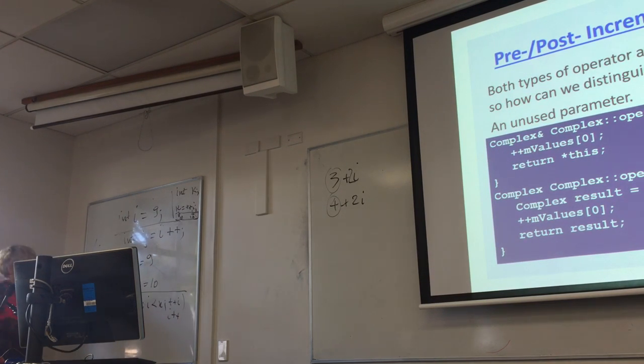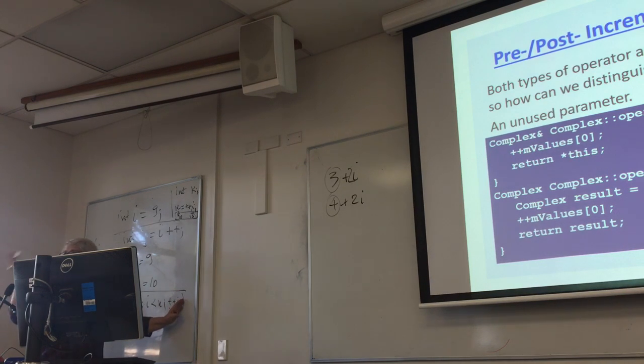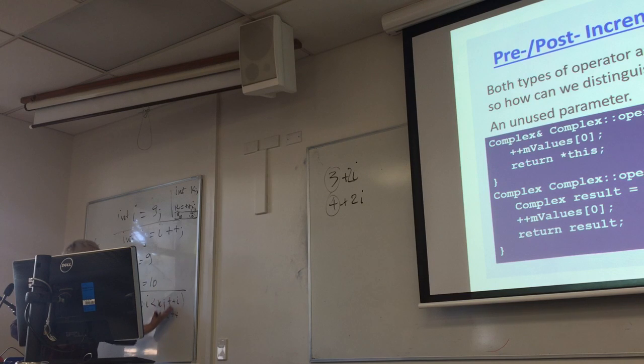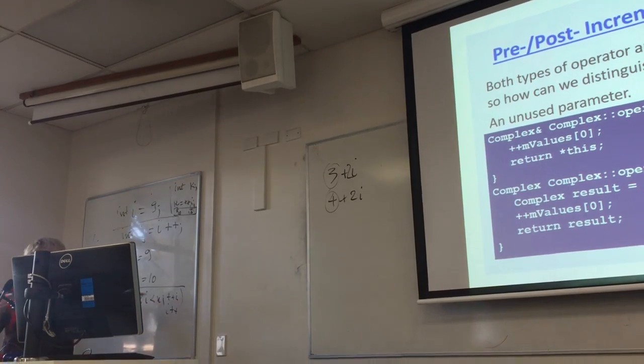For this case, what we want is to increment i, and i is incremented every time you go through the for loop. But practically you don't assign this value here at this moment. It doesn't matter which type you use, which syntax, ++i or i++.